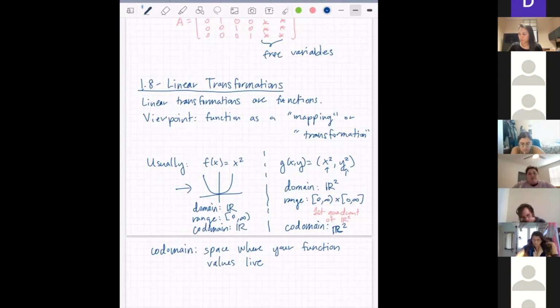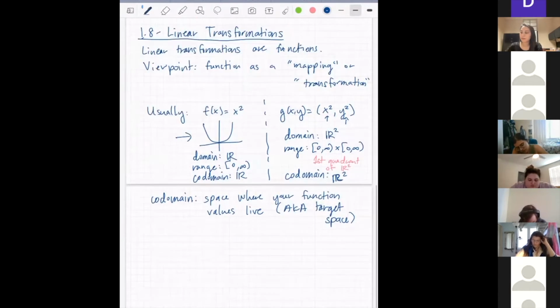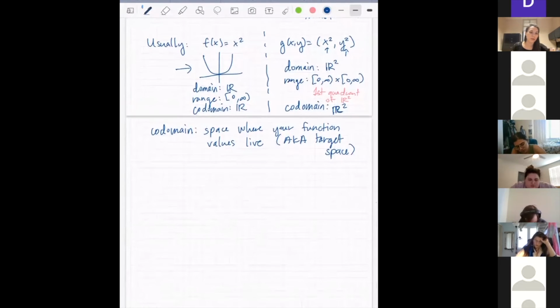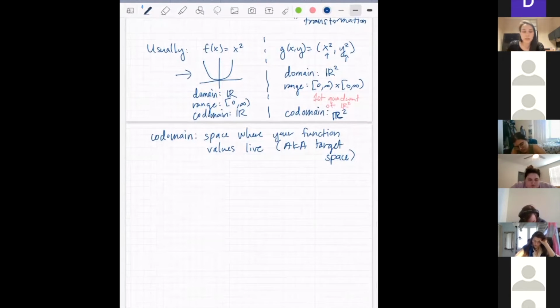Okay, so that is the codomain. I also like to call this the target space, because I think that's a little bit more descriptive, but I think the book uses codomain, so it's good to know that. One thing to note is that the range is always a subset of the codomain. It could be the entire codomain, but in general, it's a subset.